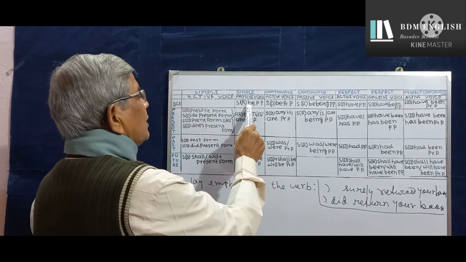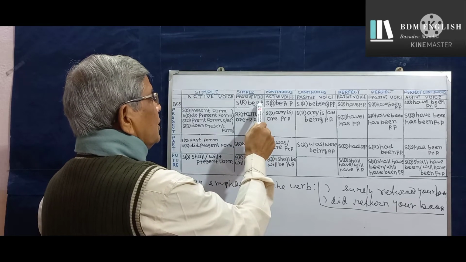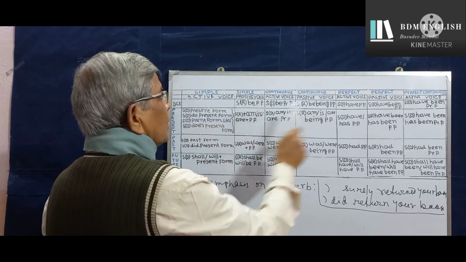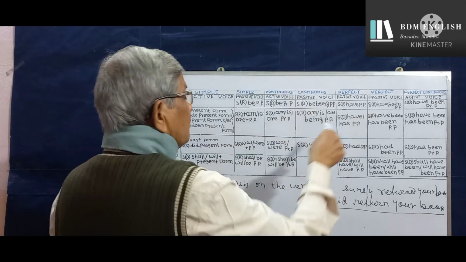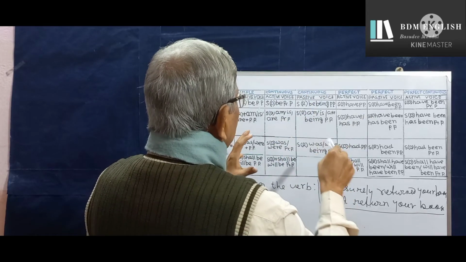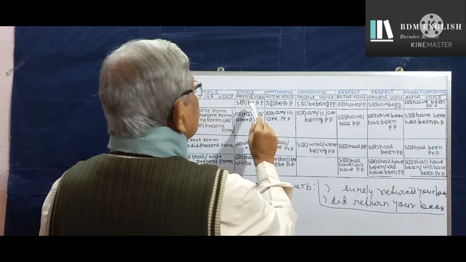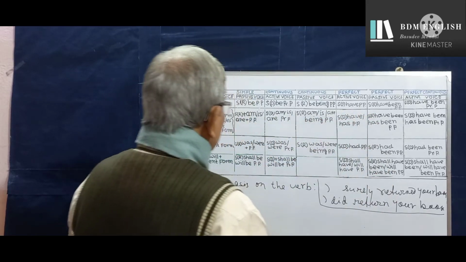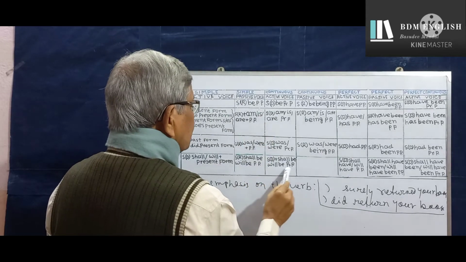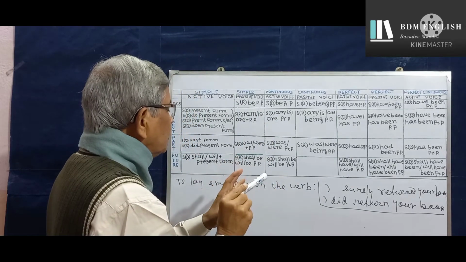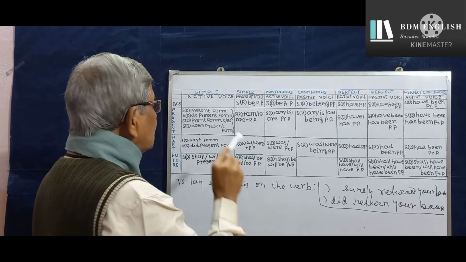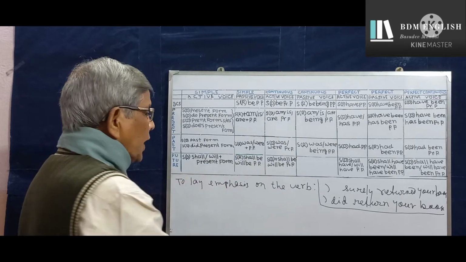We cannot drop the helping verb. We cannot change the participle. They must remain. Only be or have take their forms meant for the present and for the past. And for the future, these basic structures do not change. They remain the same. Only we add shall or will to use the structures in the future.